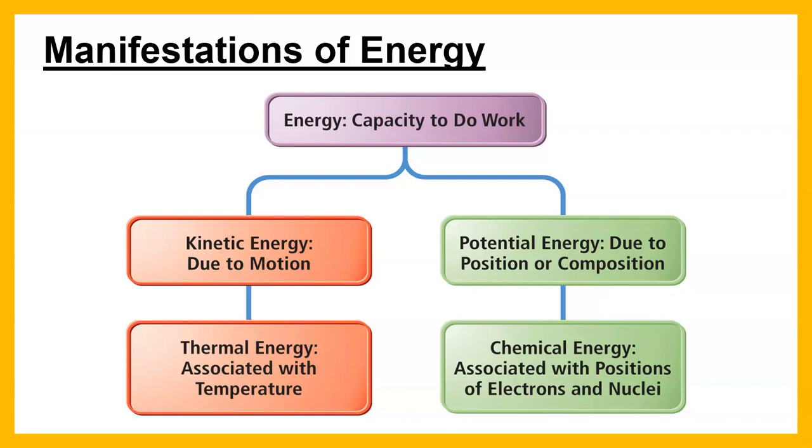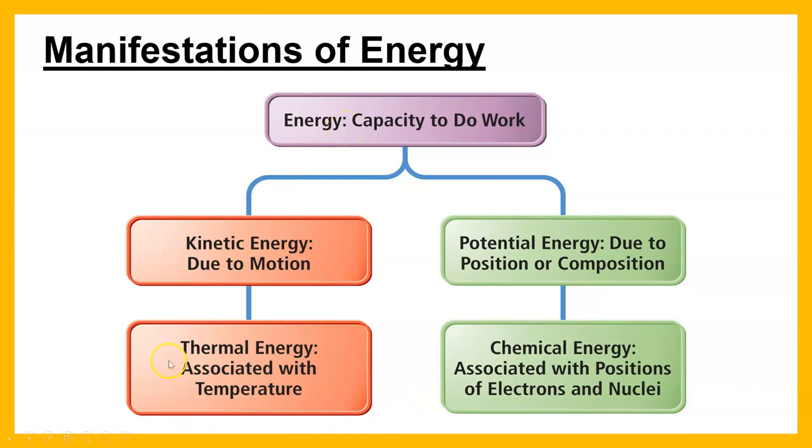In physics, they deal with the position of objects a lot. Like, are you at the bottom of a ladder or the top of a ladder? In this class, it will be a lot about the substances that you have. Which chemical formulas do you have? And then the chemical energy, when we do a reaction, how much energy is associated with the substances you're using. So a variety of things that all fall under the umbrella of energy.